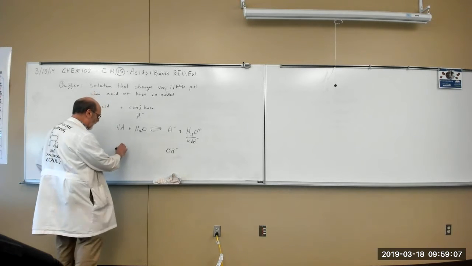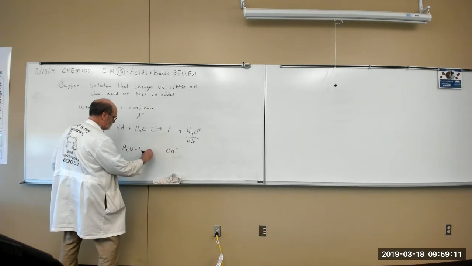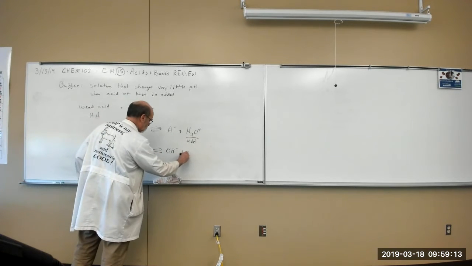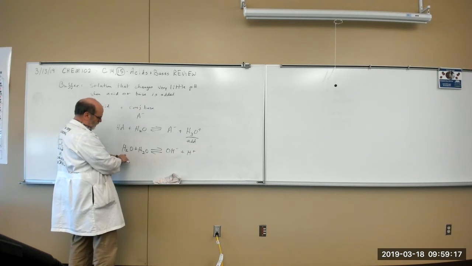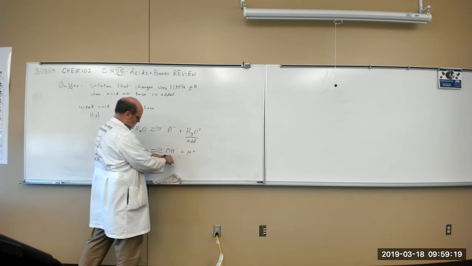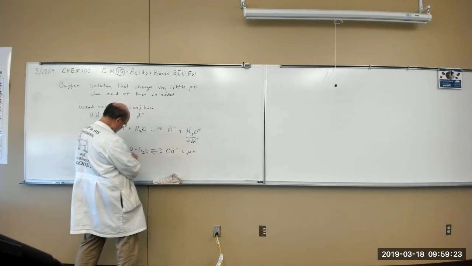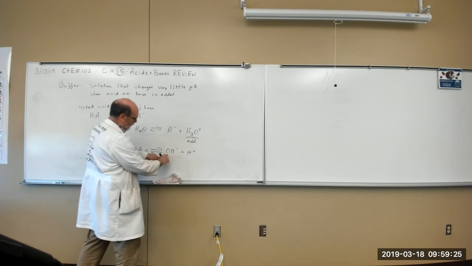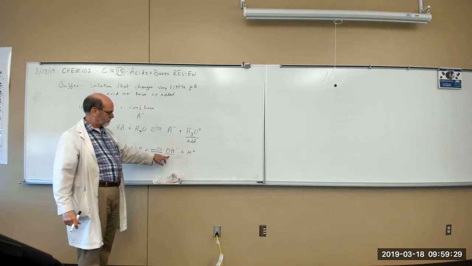Because it derives from... right? So these are weak acids, weak base. Let's say that's the acid. This is the conjugate base. So the conjugate base of that acid is very strong.